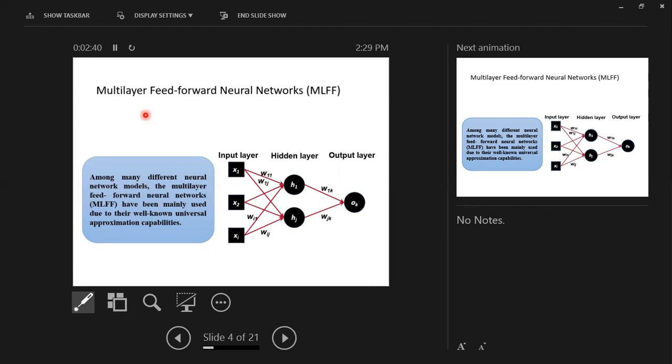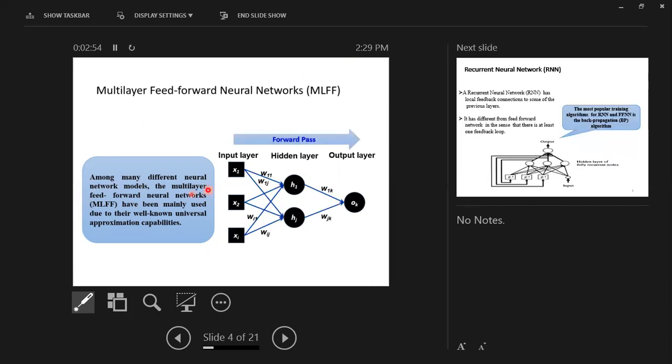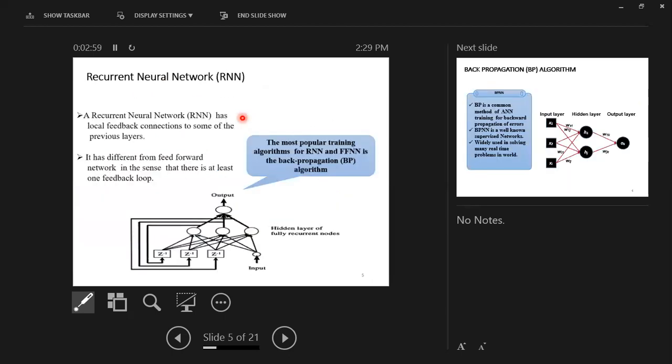It always goes in the forward direction and cannot go back in the backward direction. As you can see, it goes in the forward pass.